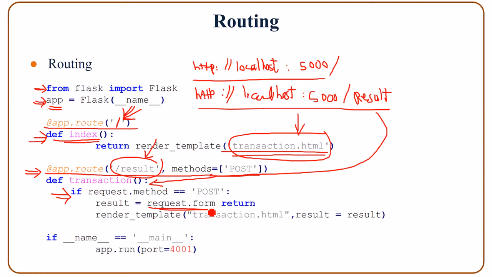Request.form gets all the data submitted in the form, and then return the same web page transaction.html, but you also want to pass some data to the web page, which is result, the result that you got from here.